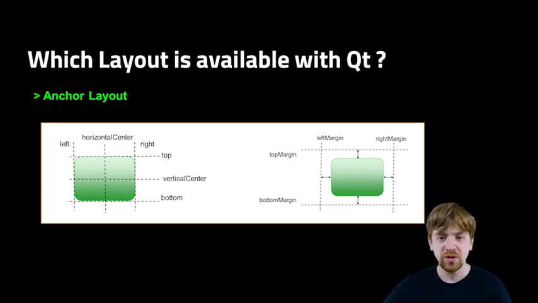So for example, you are saying that one item is just on the right hand side of another with some margins. That's why on layout you typically define some margins, so anchors with margins, and you are defining, for example, that the top or the left hand side of my item is at this margin from the right hand side of another one.